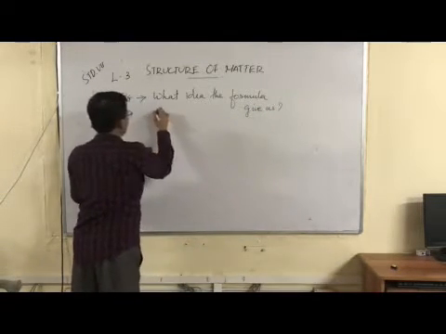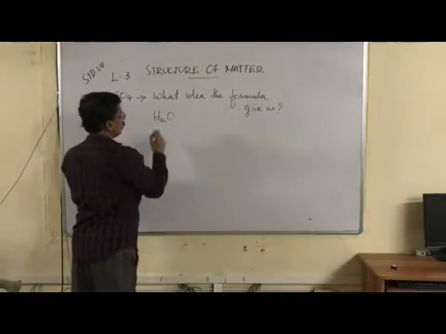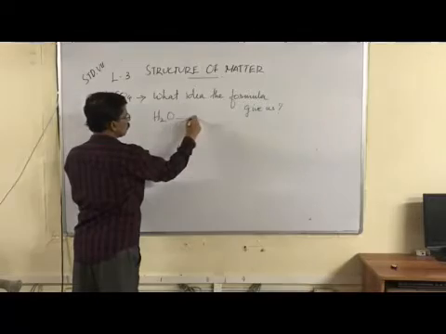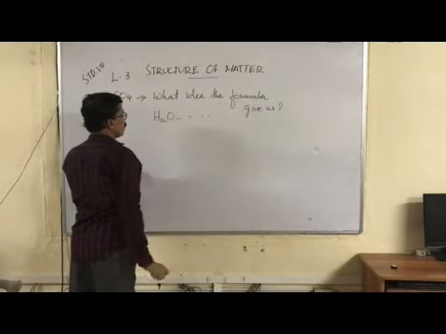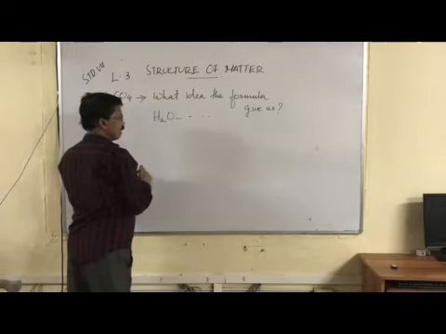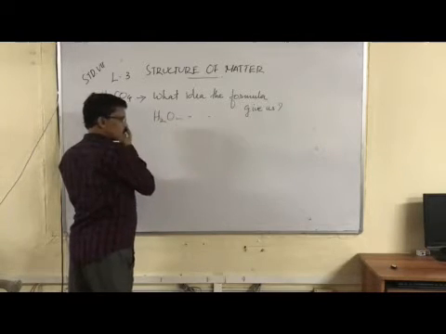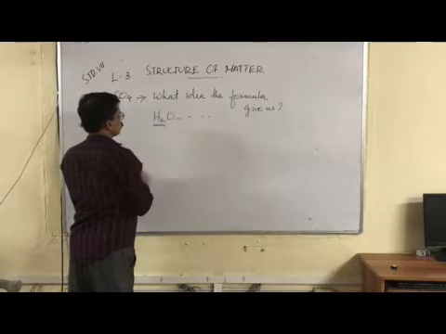For example, if I take H2O, the formula gives us the types of elements, as I told you already, and the elements in a fixed ratio. What is the ratio of the elements in a compound? That idea it gives us, and also the number of atoms in a molecule.